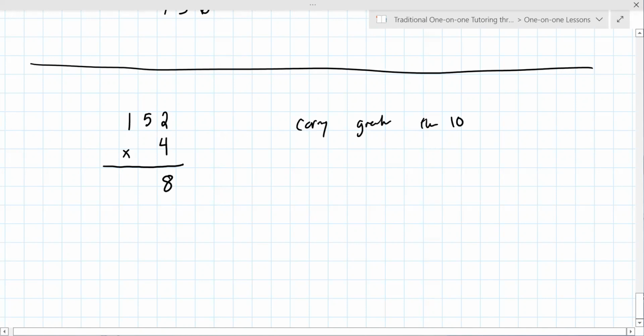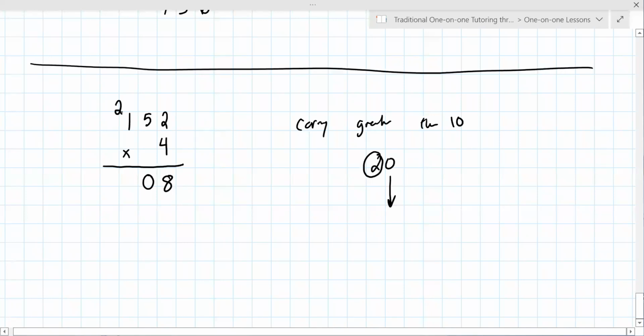Now, what's 4 times 5? 20. So you put a 0 here. What is the carry this time? So it's 20. We put the 0 down. The 2 is the carry.